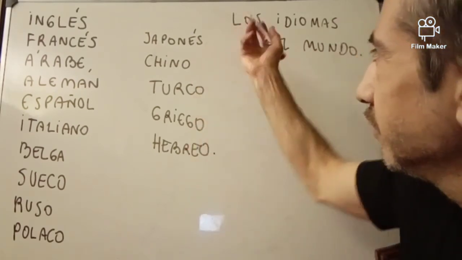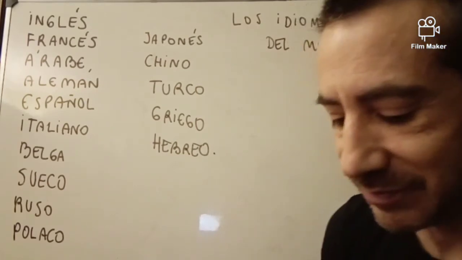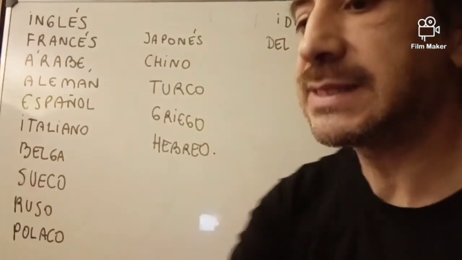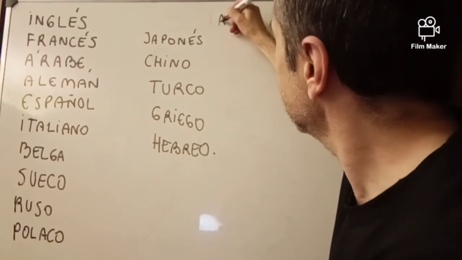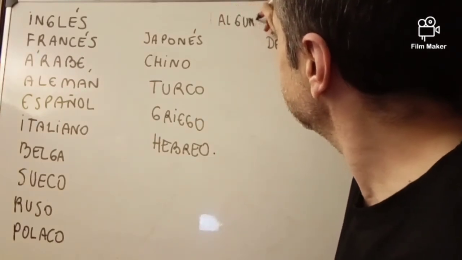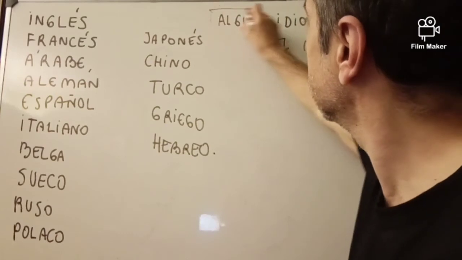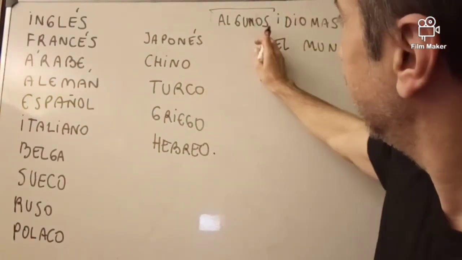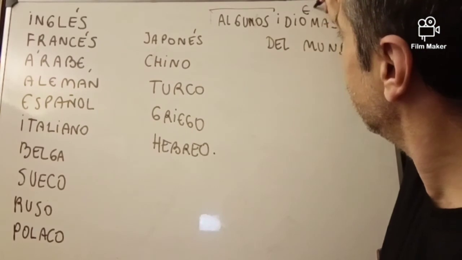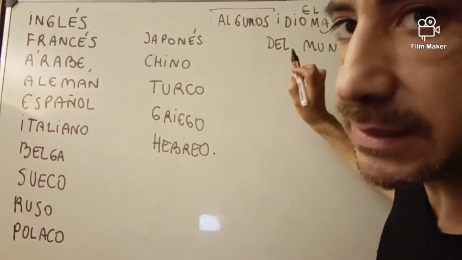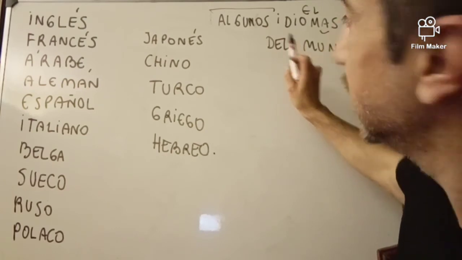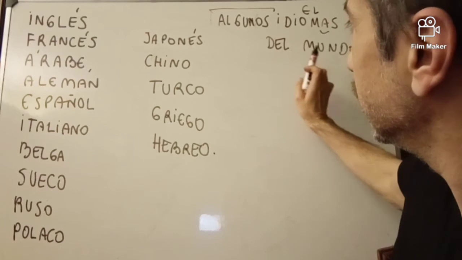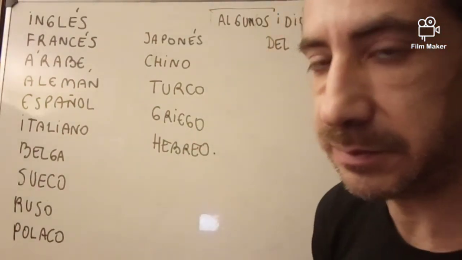But I should have put some. I'm going to correct it, because if I say los, it means that it includes all the names of the languages. So I'm going to put algunos, we've already seen the word some in the masculine plural. Algunos idiomas, because it is el idioma; though it ends in a, the word idioma, language, is masculine in Spanish. Algunos idiomas del mundo, some languages of the world.